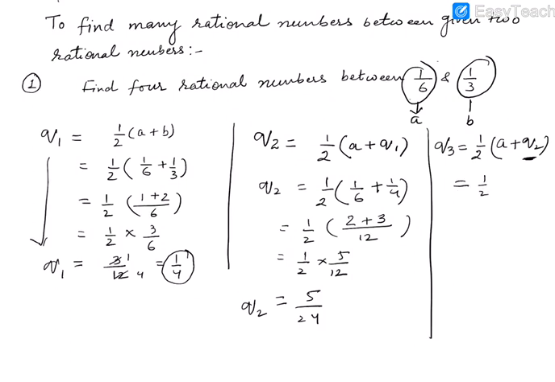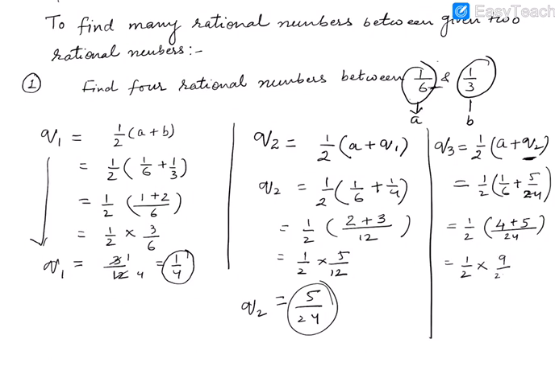So we'll write half, what is A? 1 by 6, plus Q2 we have got 5 upon 24. We'll take the LCM of 6 and 24, which is 24. 24 divided by 6 is 4 times, plus 1 time. So half of 9 by 24. 3 3s are 9, 3 8s are 24. So 3 upon 16, this is your Q3.